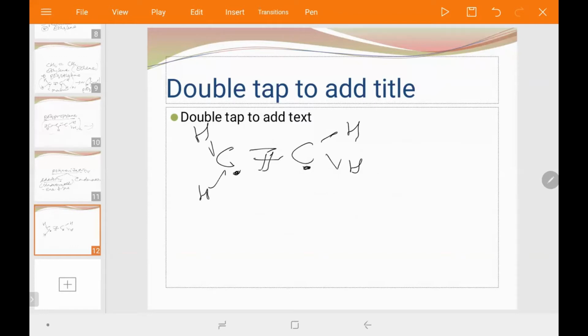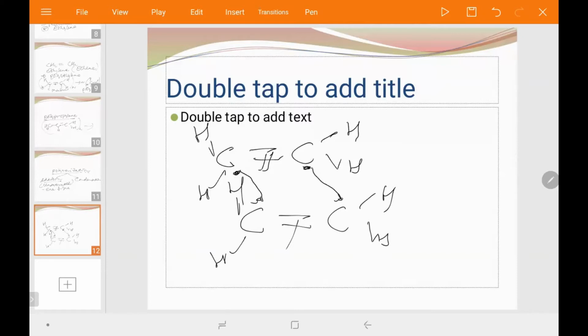This is known as addition polymerization. This carbon will add another carbon. This carbon also adds another carbon. We have also another monomer, this ethylene. Again, when you break this, this carbon has a free electron, this carbon has a free electron. By using their free sites, they will attach together.